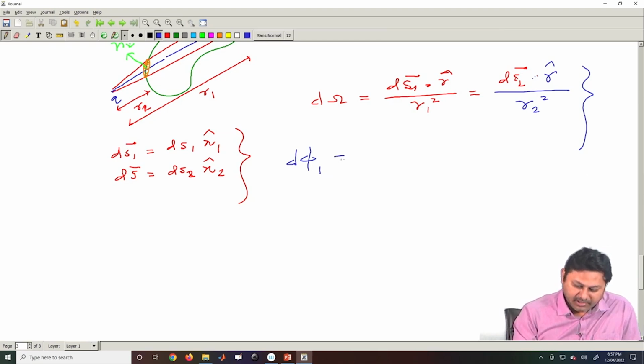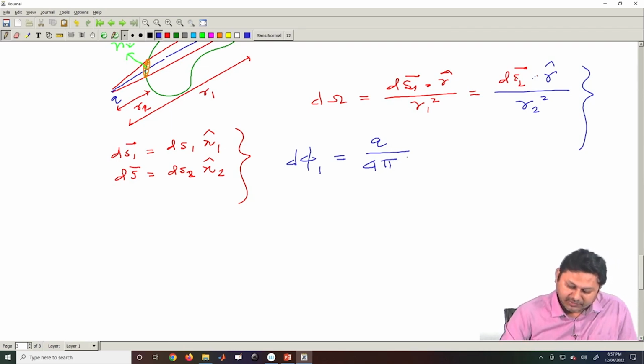So, d phi 1 is the flux due to this quantity, and that is this charge q divided by 4 pi epsilon 0, and then I have the area here, d s 1 vector dot r unit vector divided by r 1 square.